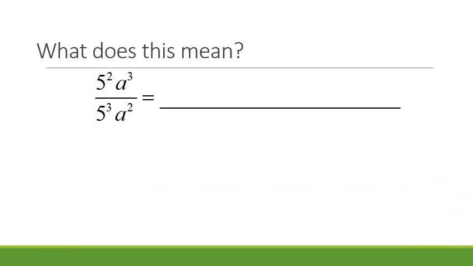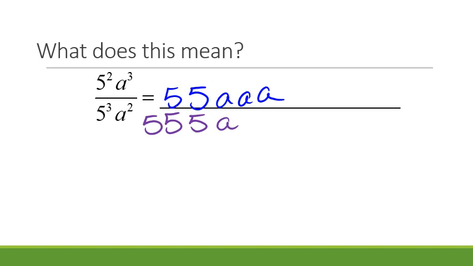All right, let's explore another example that you don't have to write down. If I was to expand this example, I would have 2 5s on top and 3 a's on top. And I would have 3 5s on bottom, and 2 a's on bottom. What's anything divided by itself?